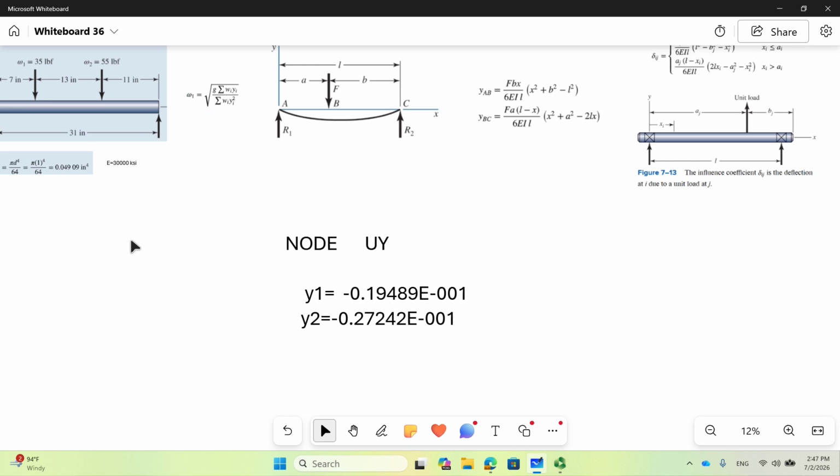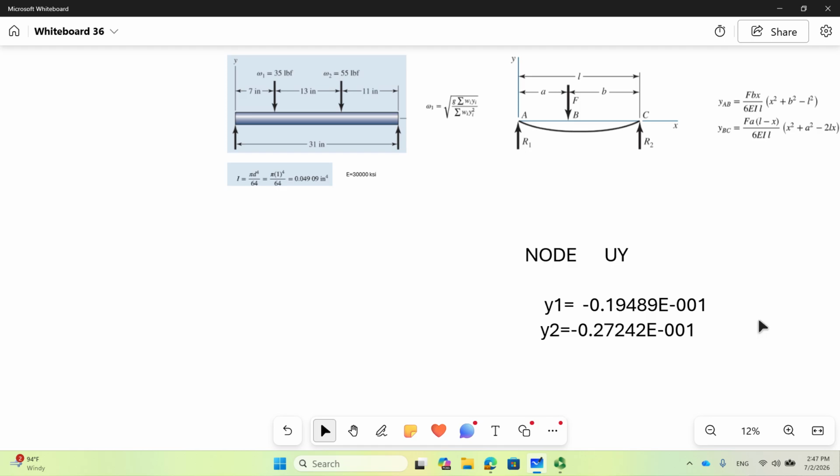Yeah, alright, let's use this equation. So omega 1. Let me see if I can make my iPad work.